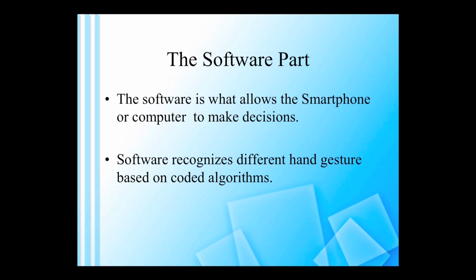All right, the software is actually where the magic happens. It's what allows the computer of the entire SixthSense technology device to do what it does. The software could be coded in anything such as C or C++ or Python or even Java, and the software engineer or the programmer needs to program algorithms into it that will recognize different hand gestures.